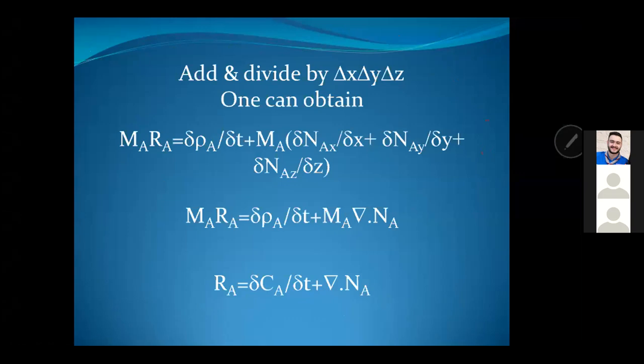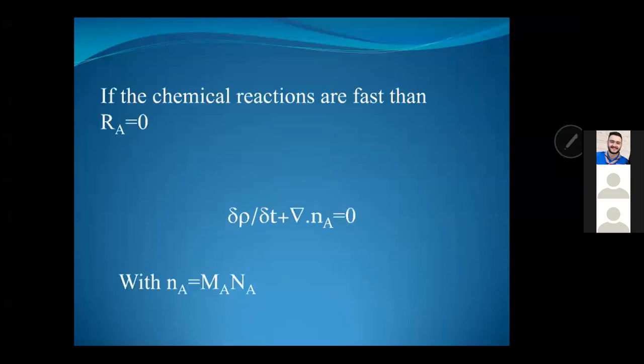Then we find the chemical reaction equation: MA RA equals dρA over dt plus MA nabla NA. When we divide by the molar mass MA, we find RA equals dCA over dt plus nabla NA. This is the chemical reaction equation of species A. This is the first equation.